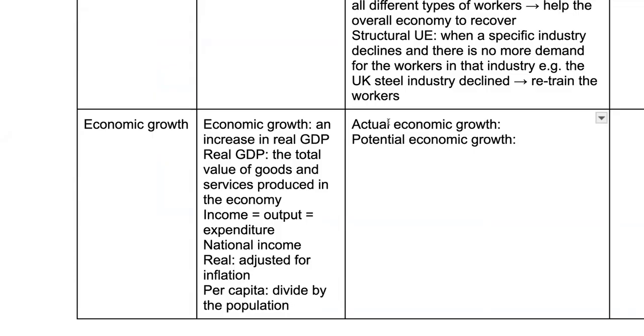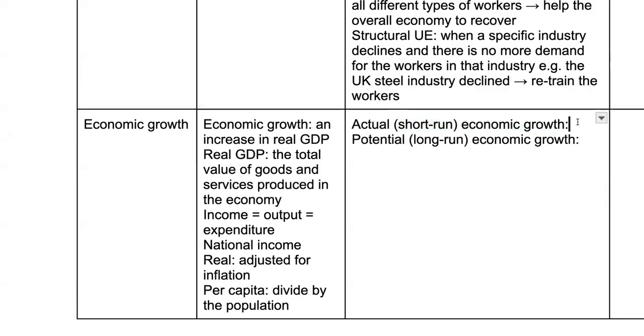In HUA, you'll hear the word short run economic growth and long run economic growth. So just refer to the word that you want to use in your spec, but actual and potential makes way more sense anyway. But if you hear short run or long run in HUA, that's what it means.